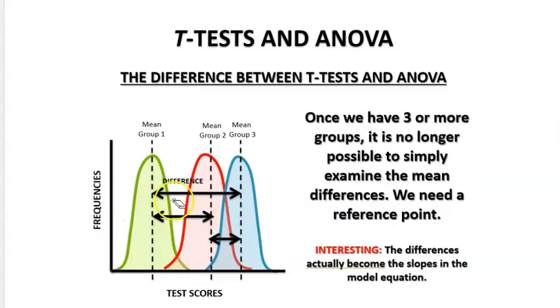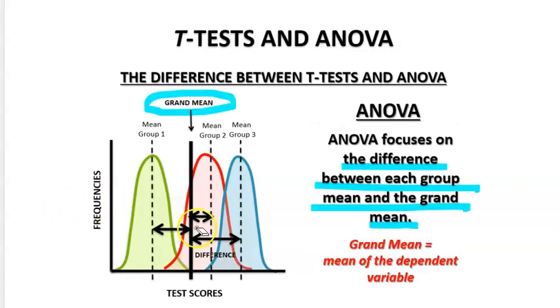The t-test looks between two different groups and their mean difference, but in ANOVA they look at how much each group differs from the grand mean, the mean of the dependent variable.